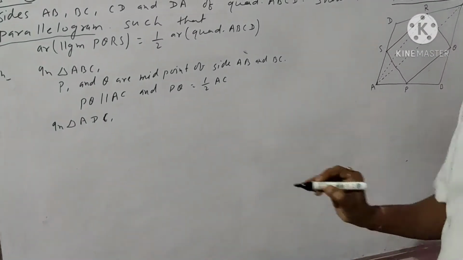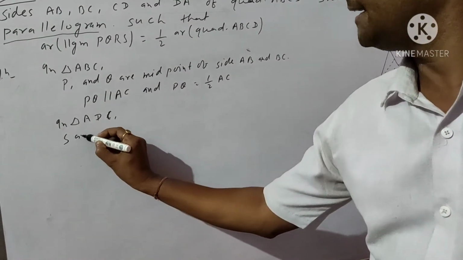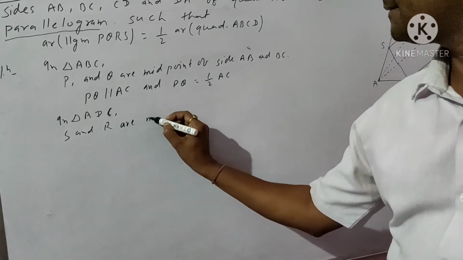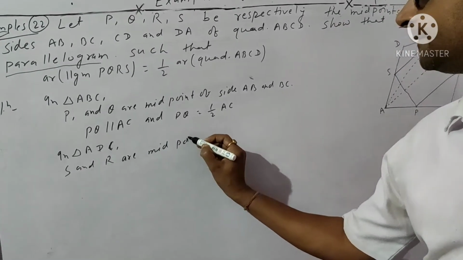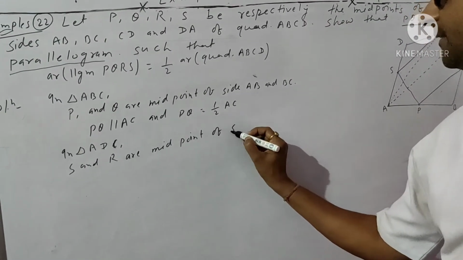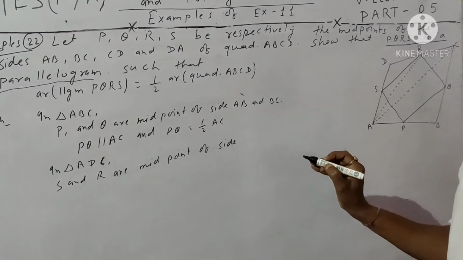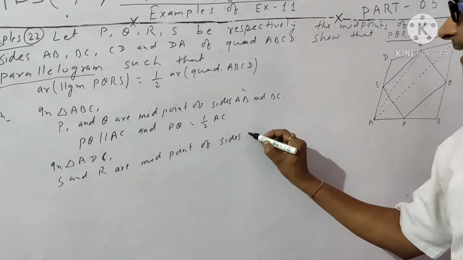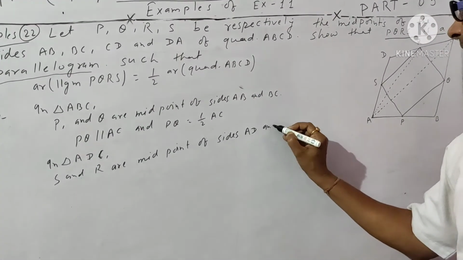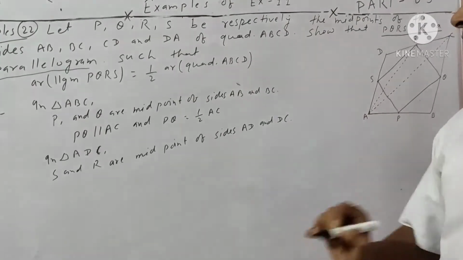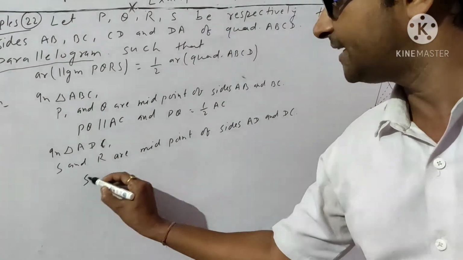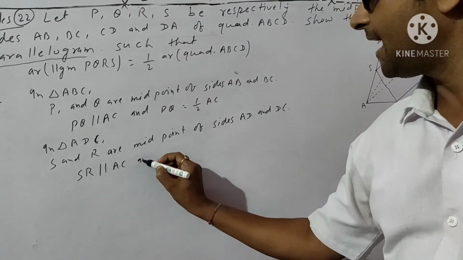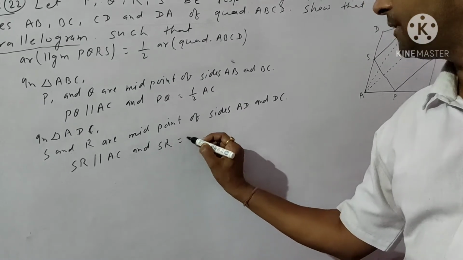In triangle ADC, S and R are the midpoints of sides AD and DC. So again, student, by the midpoint theorem we can say SR is parallel to AC and SR is equal to half AC.